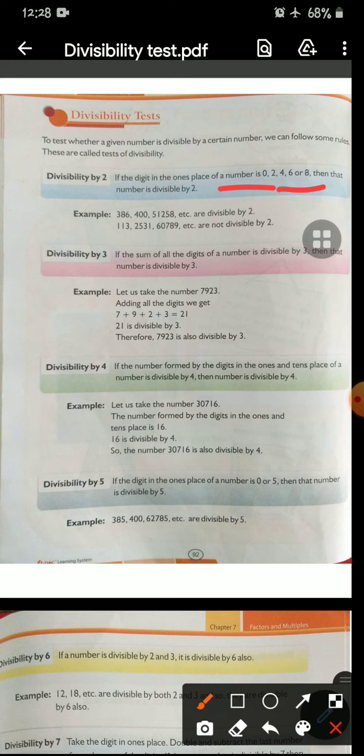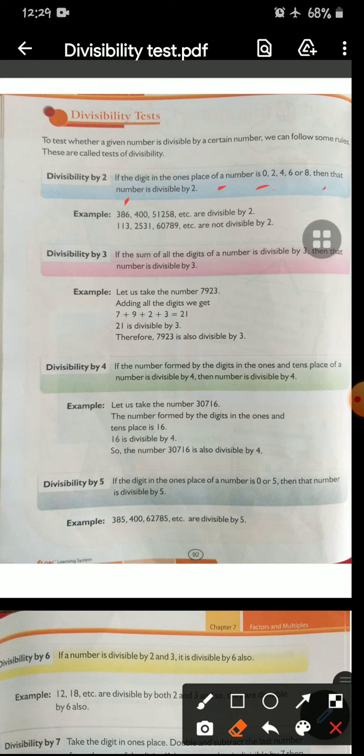For example, in 386, 6 is at your ones place, it means it is divisible by 2. But in 113, at the ones place, you have 3, which is not an even number, so 113 is not divisible by 2.